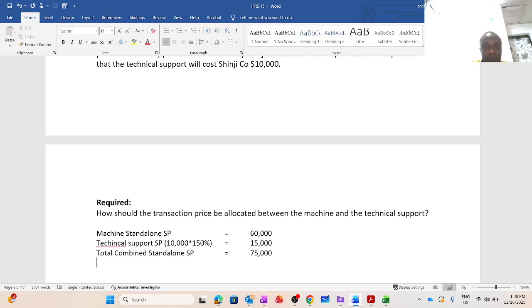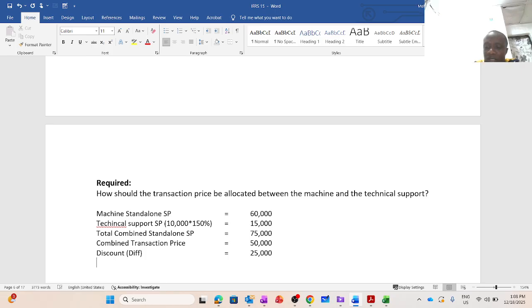Now the combined transaction price is equal to 50, given in the question. So now the difference is what we refer to as the discount, the difference between the combined stand-alone selling price and the combined transaction price, which is 25. So this is the discount.